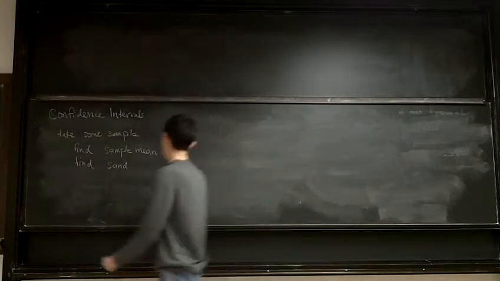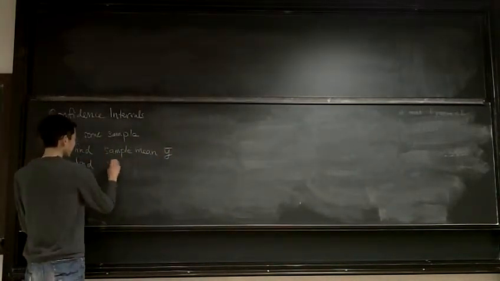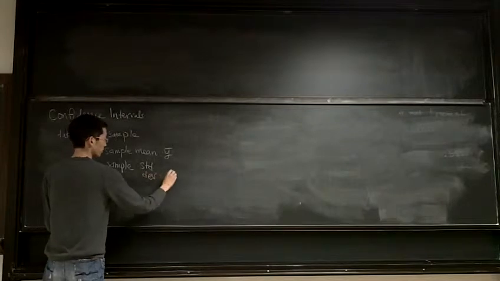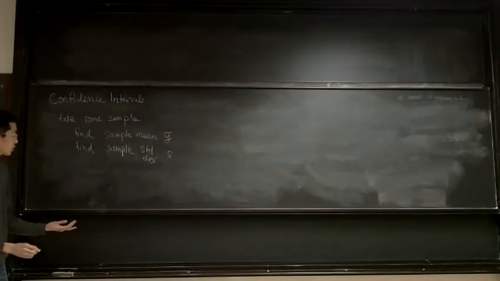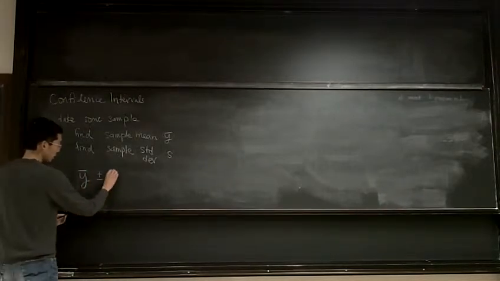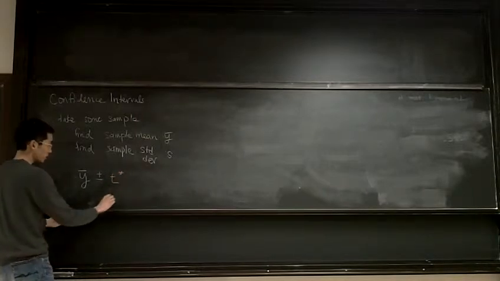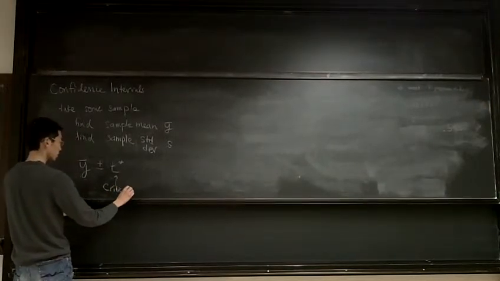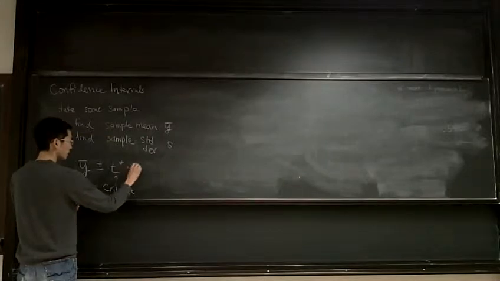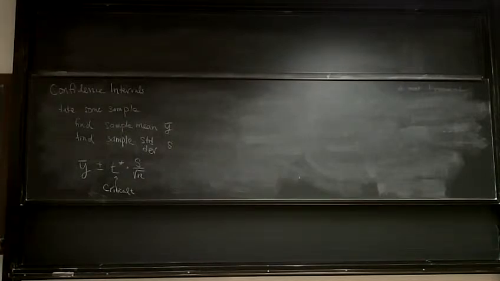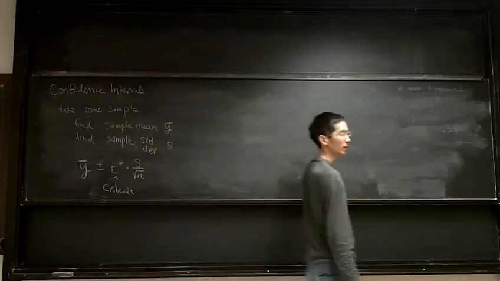Based on this, we create an interval: y bar plus or minus t star, our critical t, times s over the square root of n. This is how we find our confidence intervals.